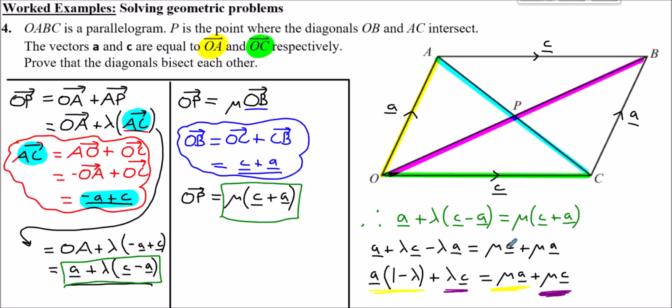This A bit will be equal to that A bit, this C part will be equal to that C part. So let's combine this and see what we've got. So looking at the A coefficients, the coefficient of A here is 1 minus lambda. So 1 minus lambda must equal this mu.